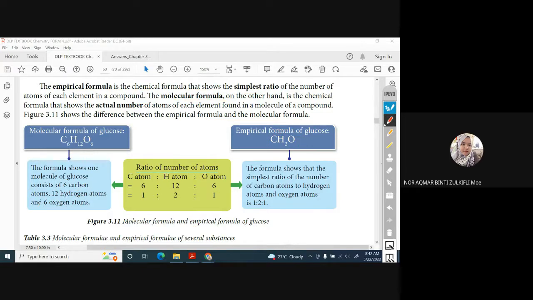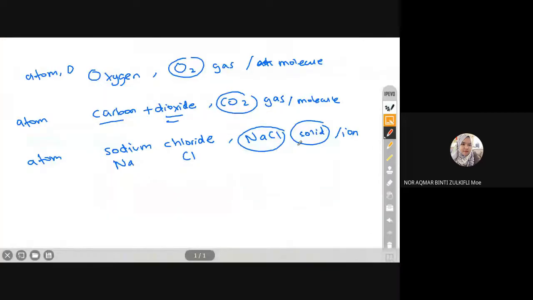Okay, I give you example, 2 or 3 example. Let's say I have C2H4. So this is molecular formula. Siapa tahu the simplest ratio, empirical formula?